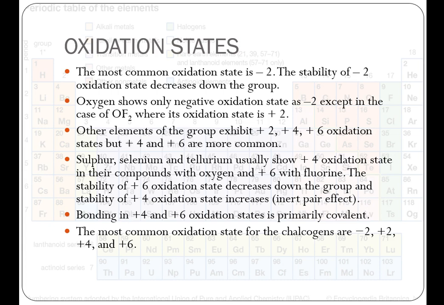Stability of +6 oxidation state decreases down the group and the stability of +4 oxidation state increases because of inert pair effect. The common oxidation states for chalcogens are -2, +2, +4 and +6.